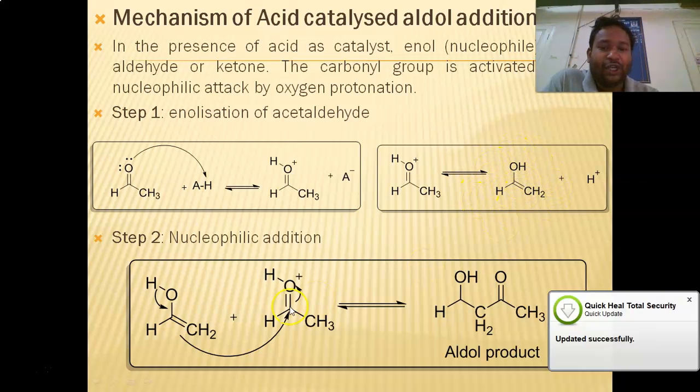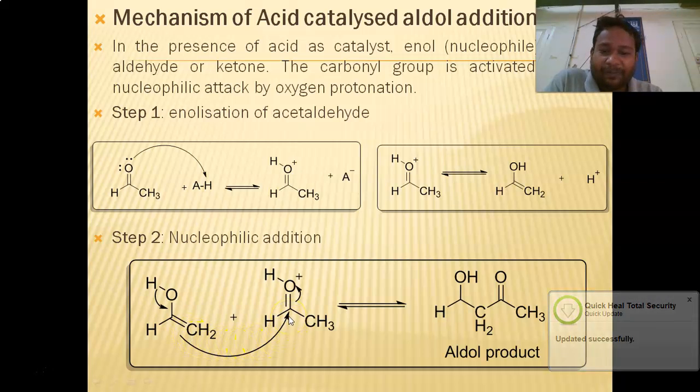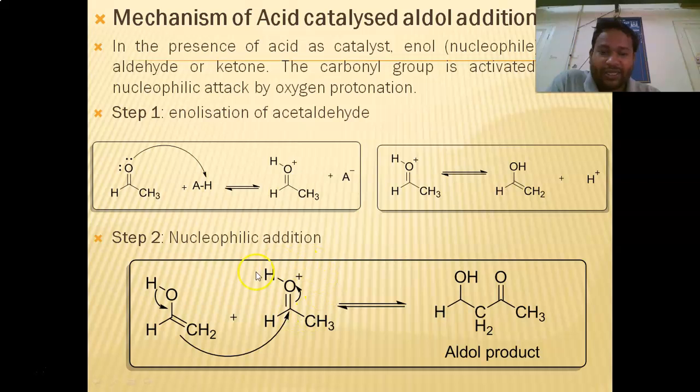This enol is then added to another aldehyde and forms the corresponding aldol product. The addition of the H plus ion across the hydrogen takes place simultaneously, forming the enol and the enolate, and the corresponding aldol product.